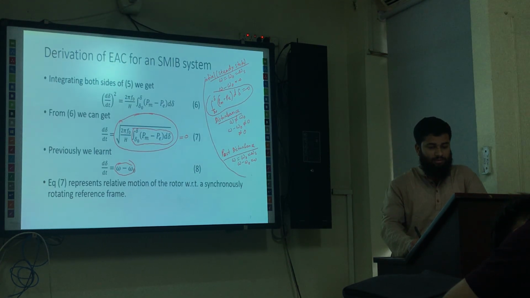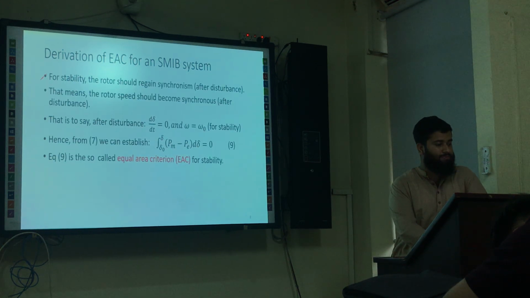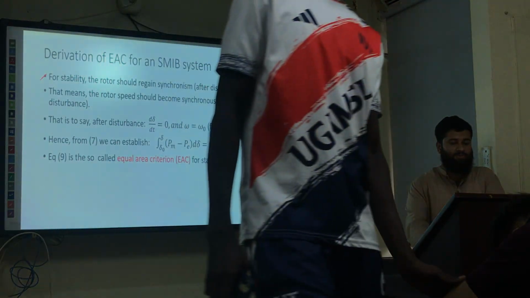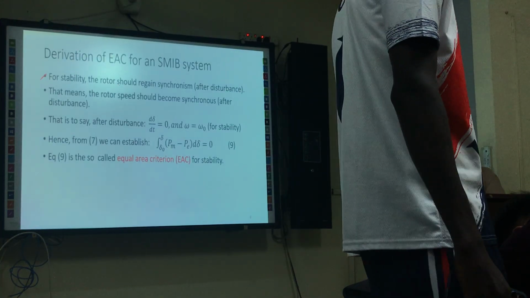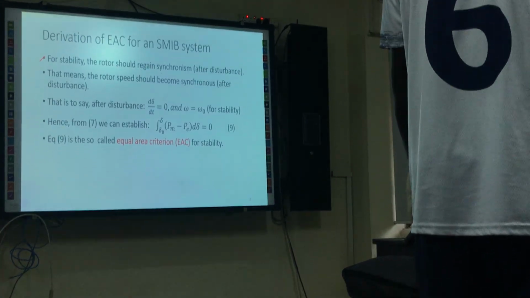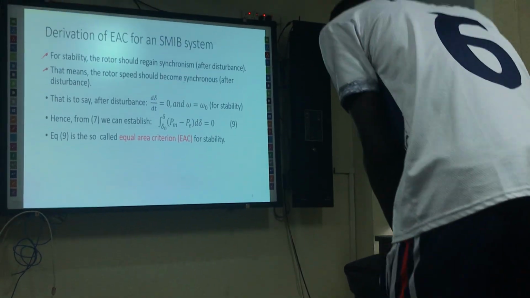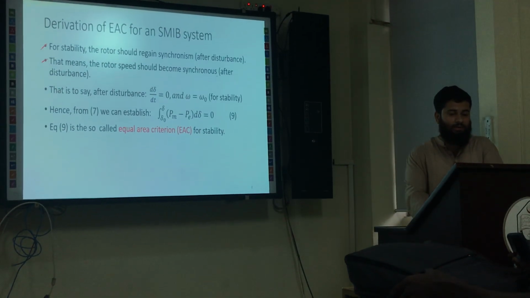All of these things that I have shown here are summarized here. Okay. Look, for stability, the rotor should regain synchronism after the disturbance, right? To have a stable system after the disturbance, our rotor should again regain synchronism, right? That means the rotor speed should become the synchronous speed after the disturbance.